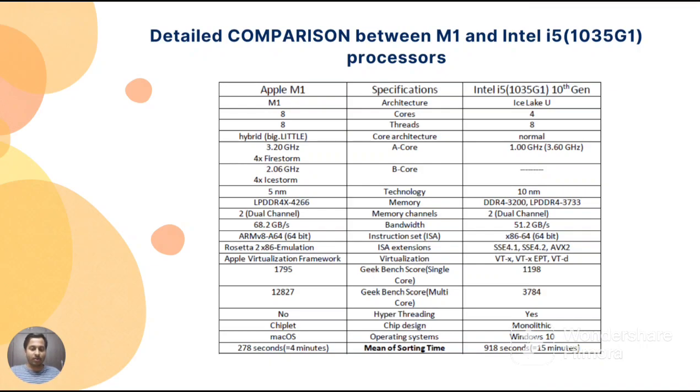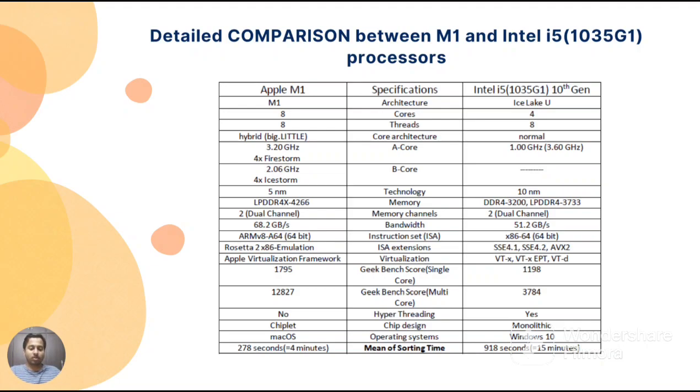So now here we have the benchmarks for both of them. For single core, we can see that the variation is about hundreds, and for the multi-core benchmark, we can see that the variation is about thousands.